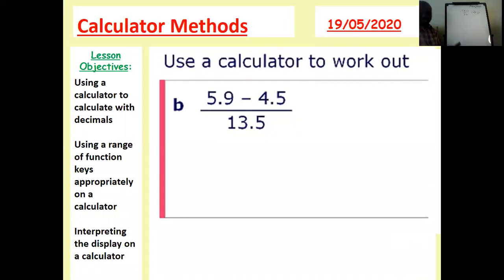Now, next one. This one involves a fraction. And there are so many ways you can work out this one. So, I would love you guys to listen very carefully. It is 5.9 minus 4.5 over 13.5. On your calculator, below the option button, you can see a fraction.